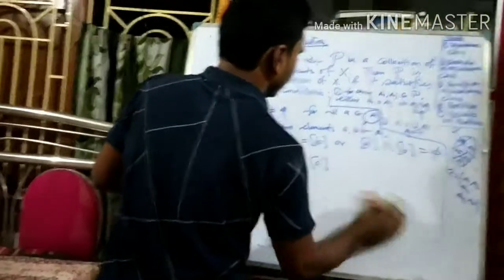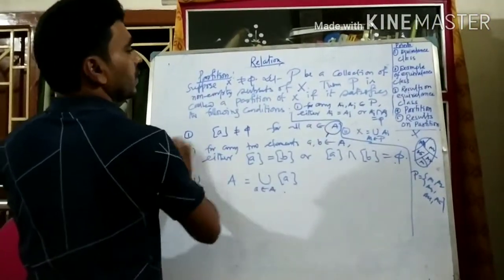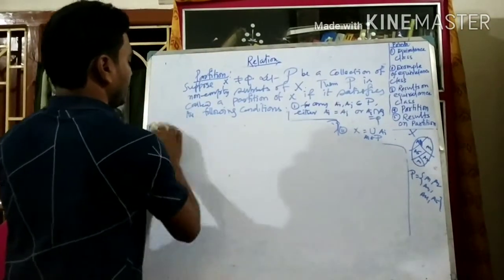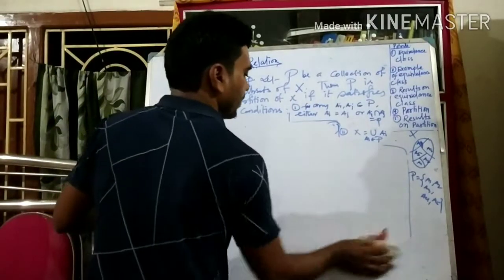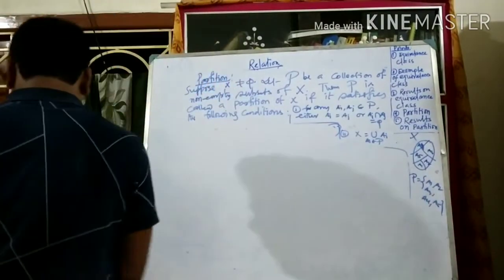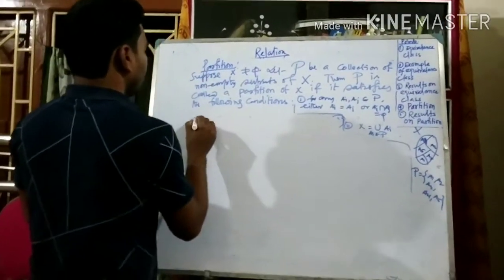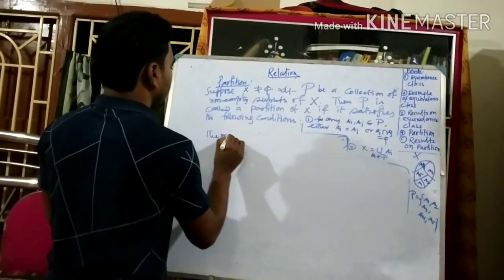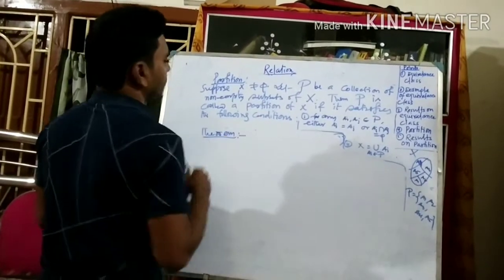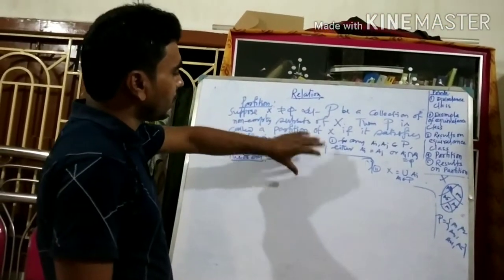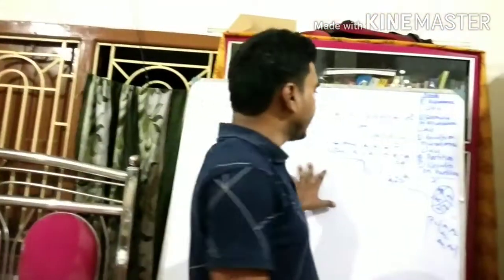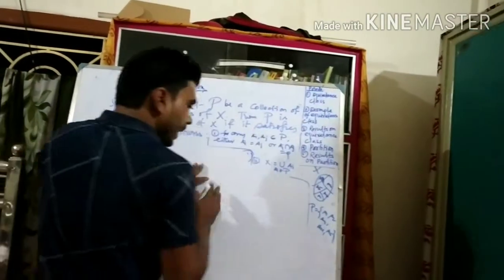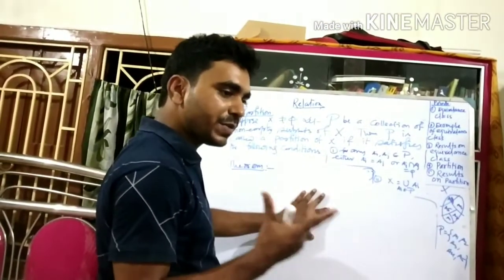Next is the next theorem. So in the previous observation, we have seen that an equivalence relation defined on a non-empty set A gives a partition, right?